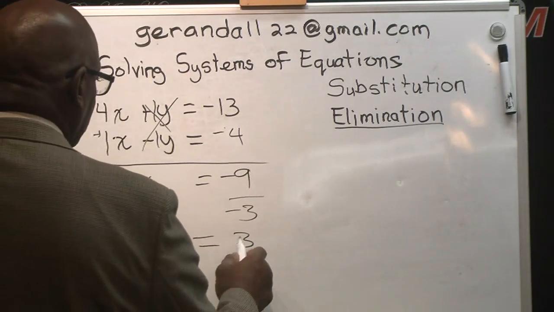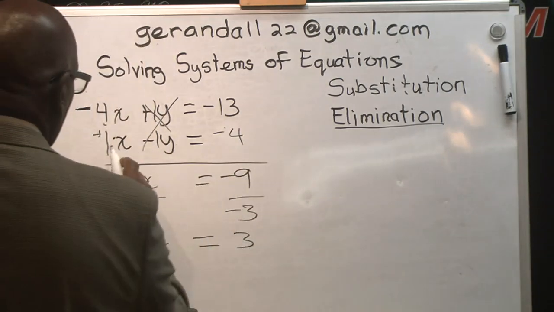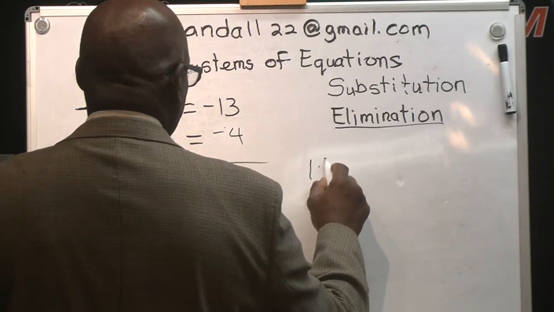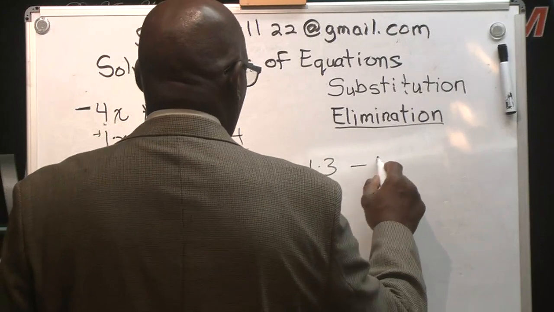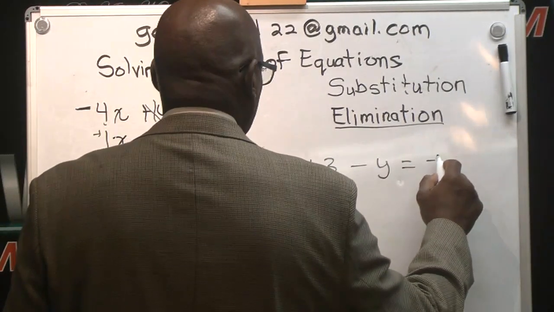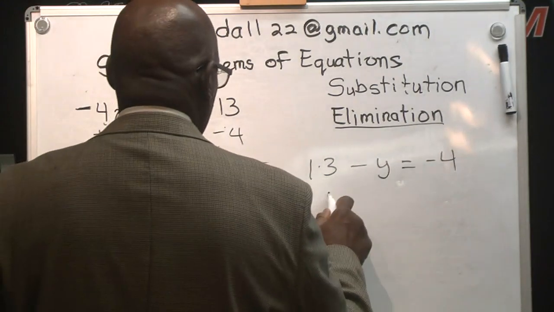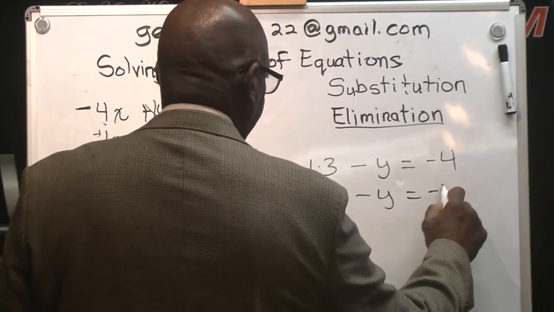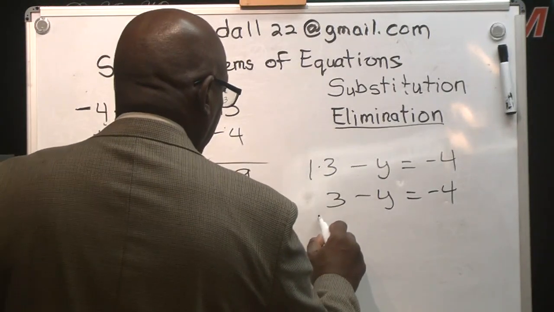Now, we take this 3, and we put it in, let's say, the bottom one. And we go 1 times 3, subtract y equals 4. So here we have 3 minus y equals 4, and we subtract 3.